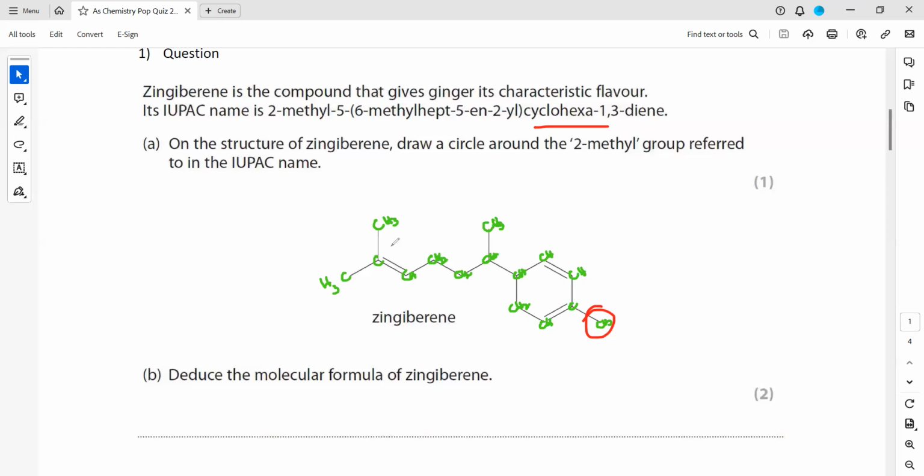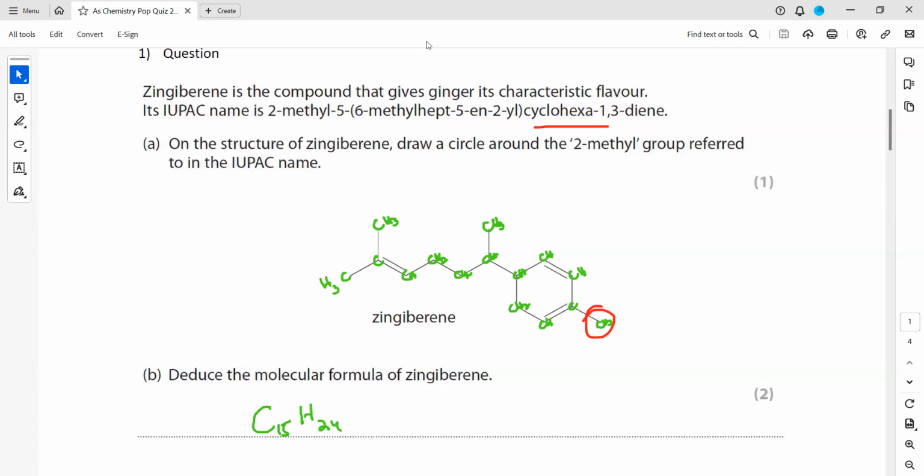So 1, 2, 3, 4, 5, 6, 7, 8, 9, 10, 11, 12, 13, 14, 15. So C15 are there. How many hydrogen? Adding them up, it makes 24. So C15H24 will be the molecular formula of this compound.